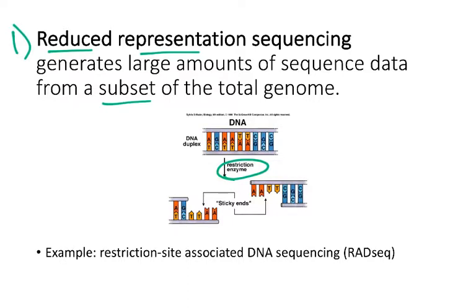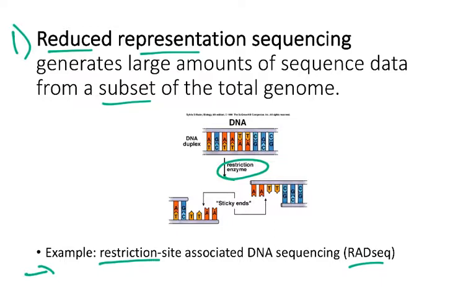And that's actually what's used in the main example for reduced representation sequencing that we'll talk about, and that makes sense from the name because they use restriction enzymes. Restriction site associated DNA sequencing, or RAD-seq for short. And we've actually talked about this type of sequencing a little bit before.